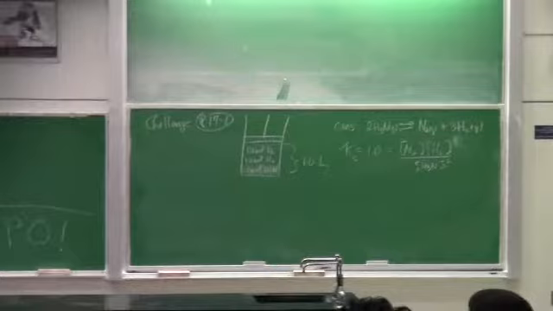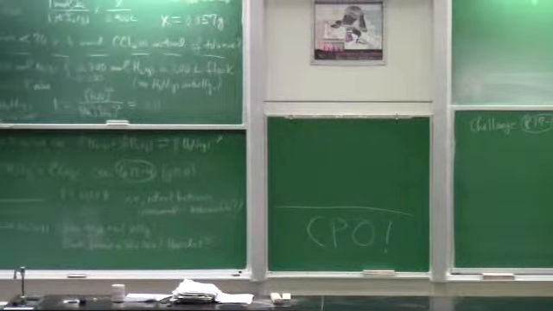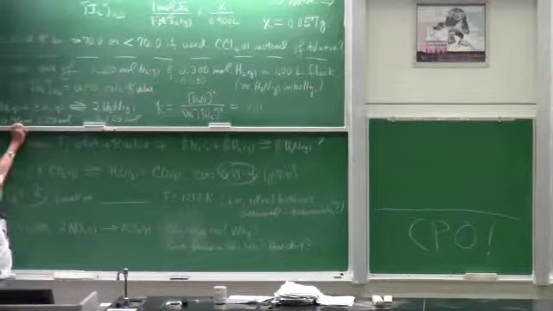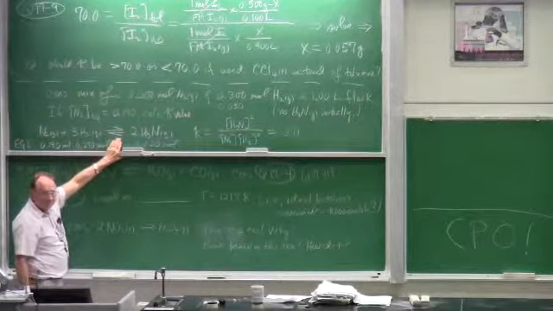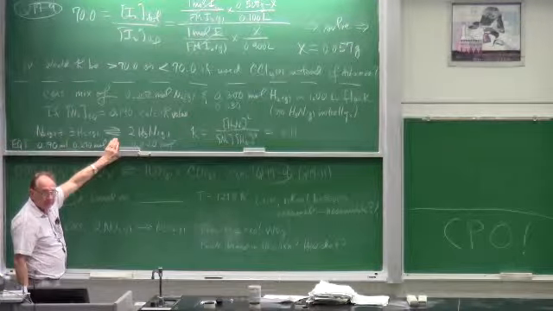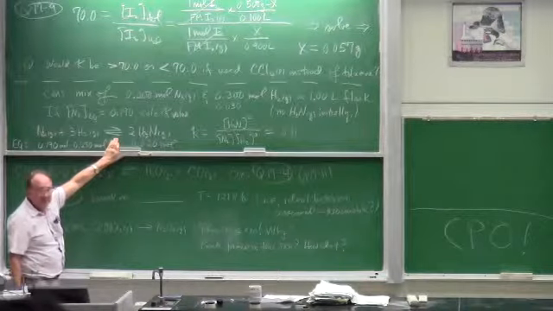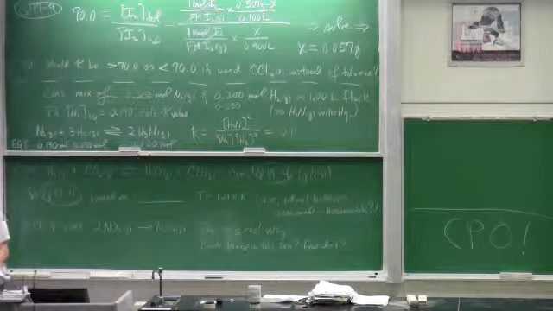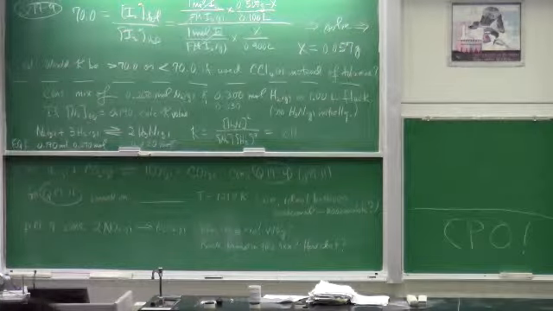So if I've got this nitrogen, hydrogen, ammonia in a piston cylinder gadget, and it's at equilibrium, and I reduce the pressure, I increase the volume occupied by this system. Does that change the concentrations?